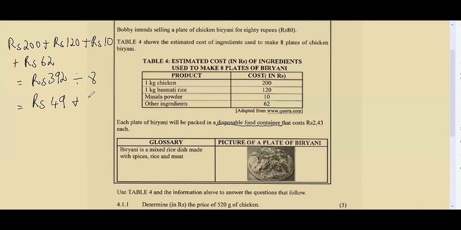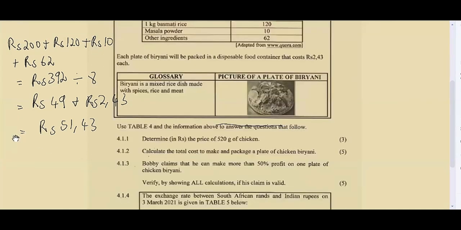So after that, we add the price for packaging, which is 2.43. Now we have 49 plus 2.43. This gives us a total price of 51.43 rupees. So I hope that one makes sense. And then let's proceed.